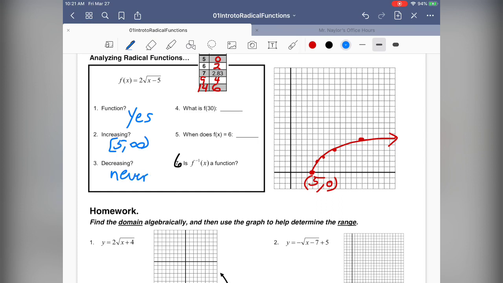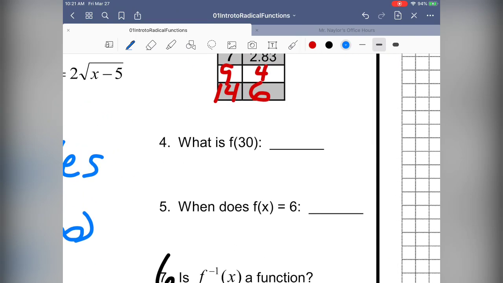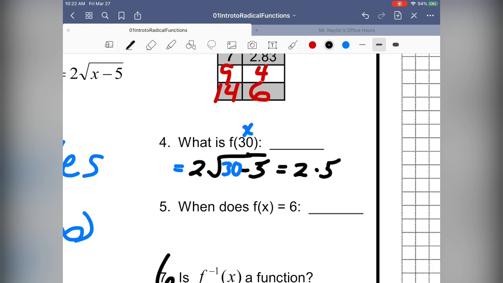What about f of 30? Now, remember, f of 30 is referring to when the x value is 30, what y value would you get? So we can plug in 30 very easily into this equation. Of course, when you plug in 30, you're going to end up getting the square root of 25, which once you compute that to be 5, you'll end up with 10.